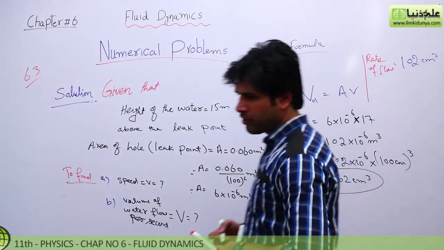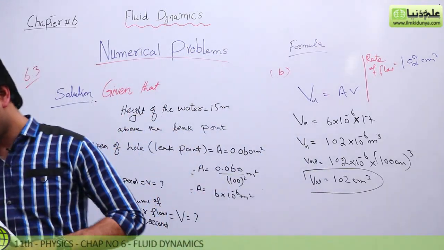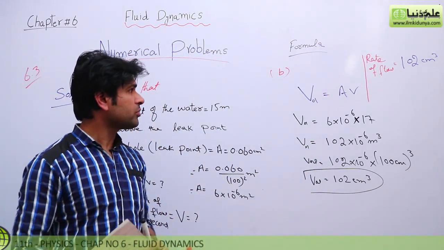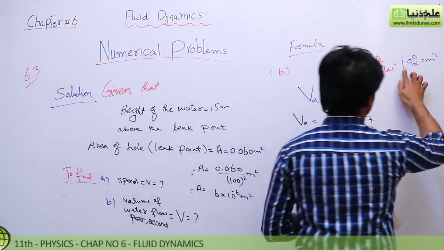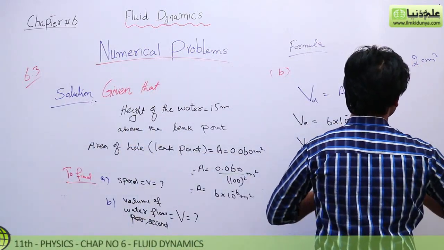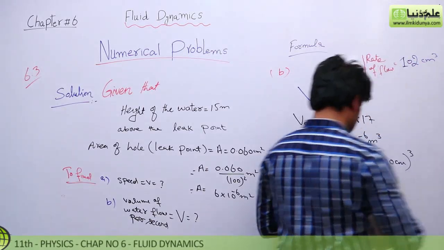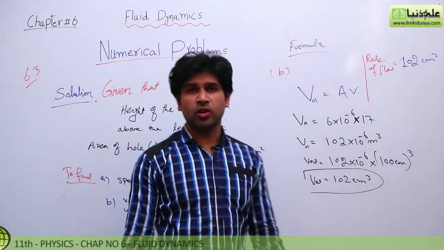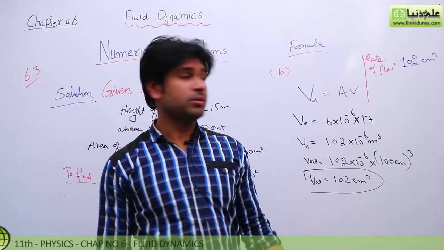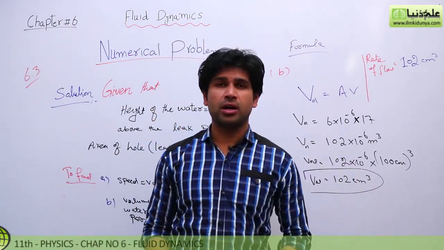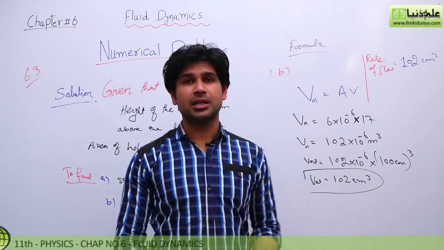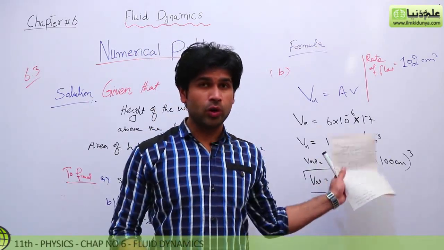So students, this is the rate of flow of the emerging water from the hole, 102 centimeter cube per second. Now hope you have understood this, and you will note down this.